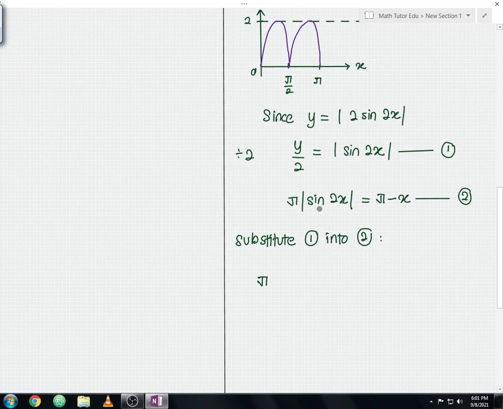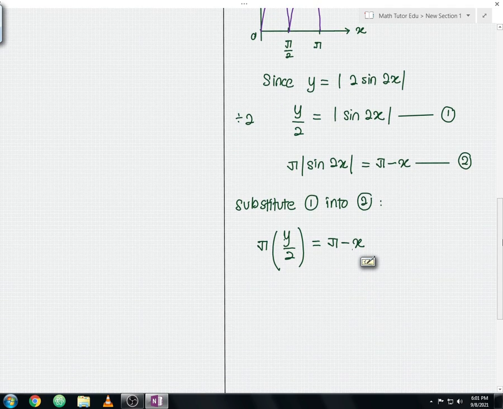Instead of writing modulus sine 2x, now it will become y over 2, close bracket, equals to pi minus x. Okay. So from here, you times in. So from here, you should get pi times y over 2 equals to pi minus x.